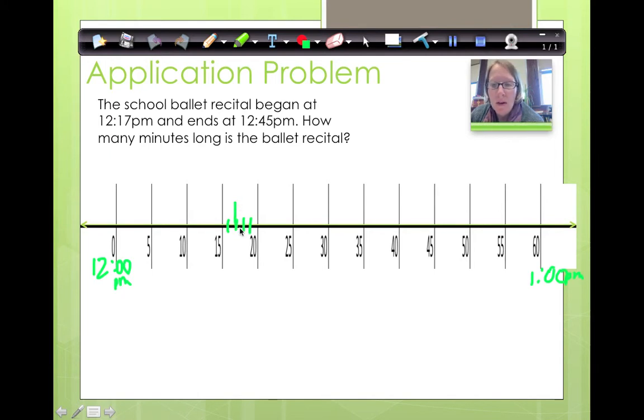Now, 12:45, where is that? Well, it just so happens that it's kind of handy and falls right on our line. So how many minutes long is it? Well, let's give it a look. Let's count back by 5s and see. 5, 10, 15, 20, 25, now we count by 1s, 26, 27, 28.